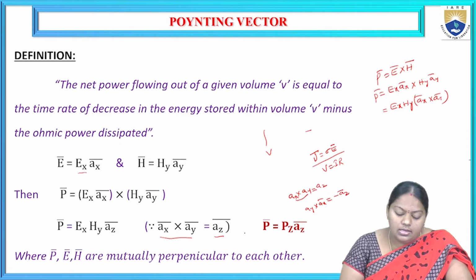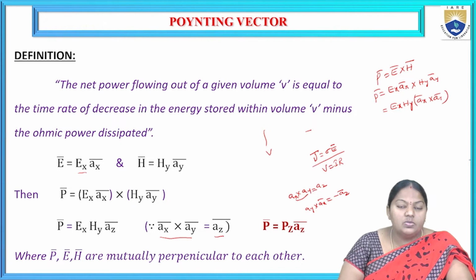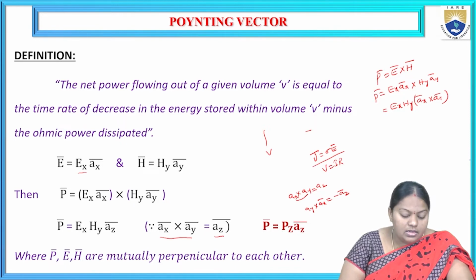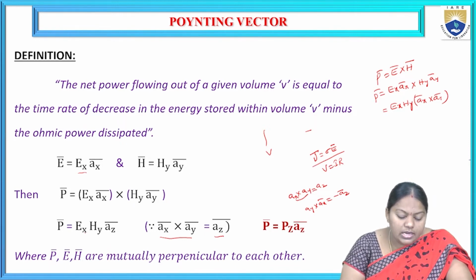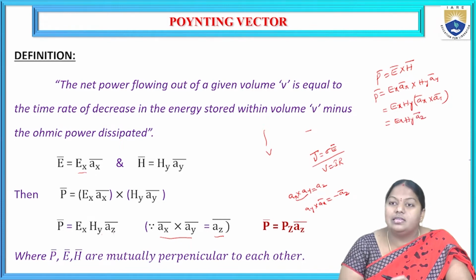Right? This we have already discussed in the fundamentals and prerequisites of electromagnetic waves and transmission lines. Right? So P bar equal to Ex into Hy into Az bar.